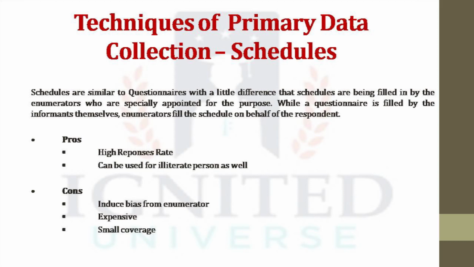So, the pros of schedules are that we can expect a high response rate and it can be used for illiterate persons as well, but the disadvantages are that it induces bias from the enumerator, is expensive, and has a small coverage.